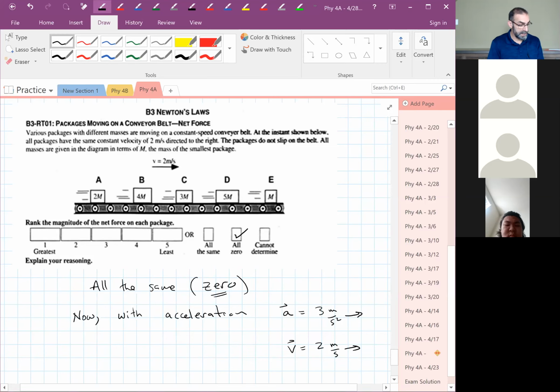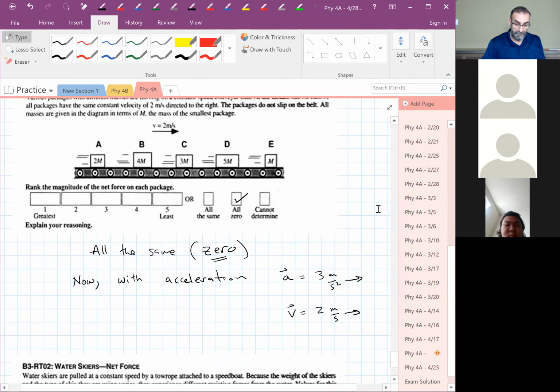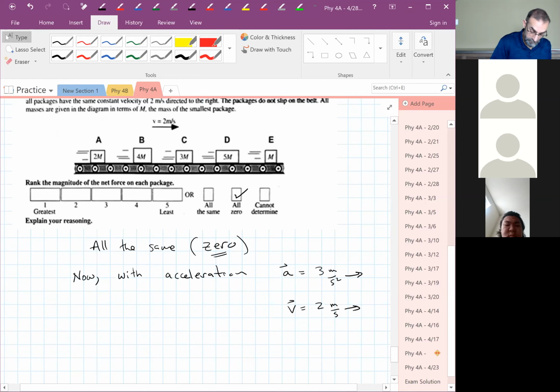So find the net force on each block, in terms of capital M.